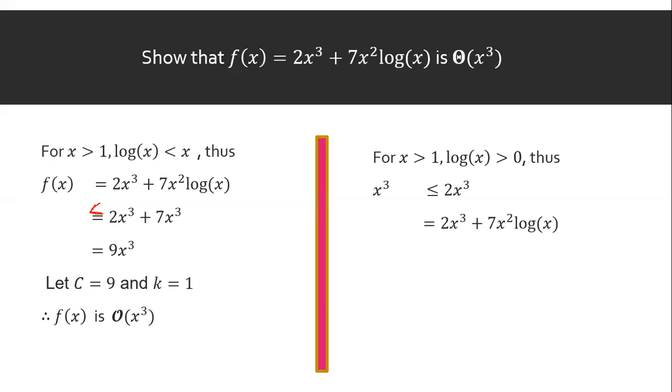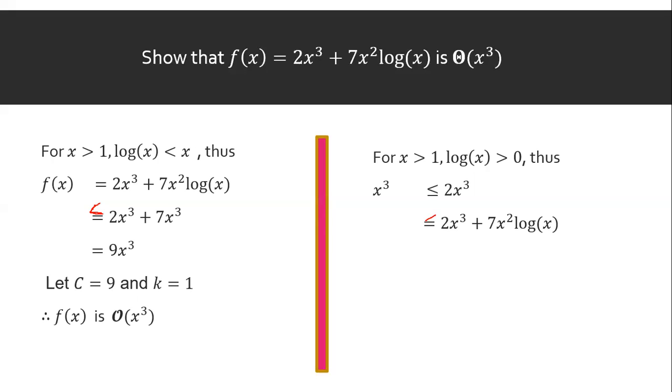So 2x cubed, then we add on another thing that is positive, 7x squared log x.